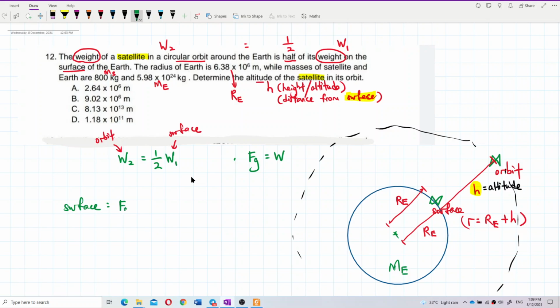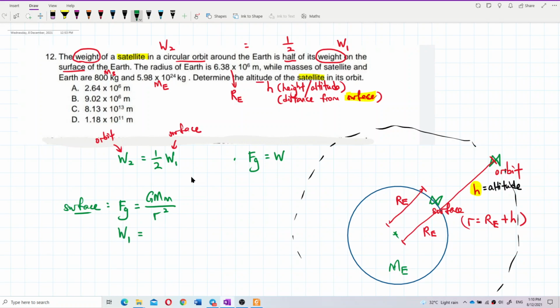The gravitational force, the formula, is equal to GMm over r square. On the surface, the weight is W1.